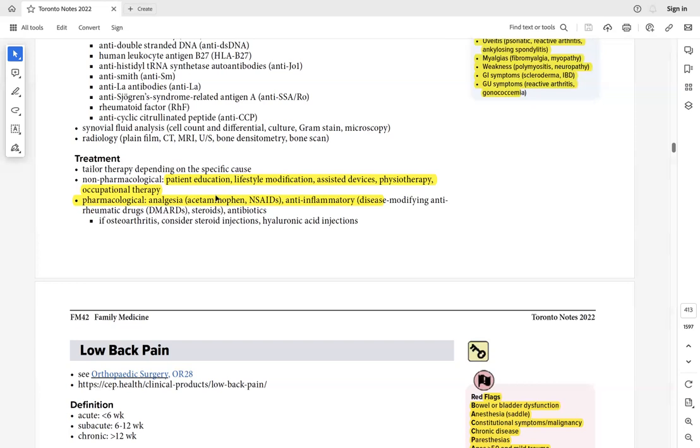For simple joint pain like osteoarthritis, first line is acetaminophen. If the patient comes back and says the acetaminophen is not helping, the second is NSAIDs. All of this pharmacotherapy goes along with physiotherapy and lifestyle modification: weight-bearing exercises, swimming, regular exercise, a healthy diet, and if they're a smoker, quit smoking.